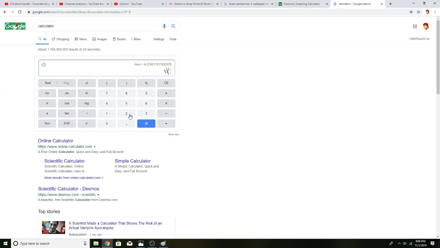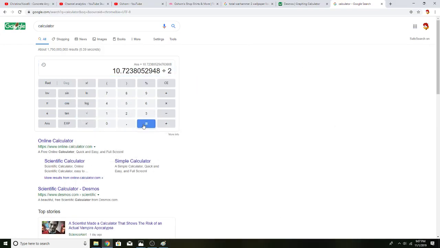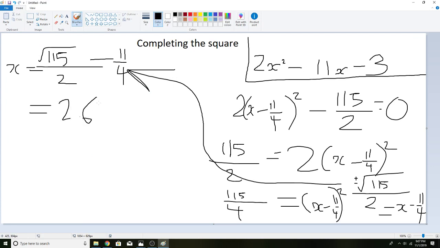Off the top of my head I think it's about 2.75, but I'll just put it in so I don't make a mistake. So that's 2.62 for the first one. Remember, it's rounded to the second decimal.